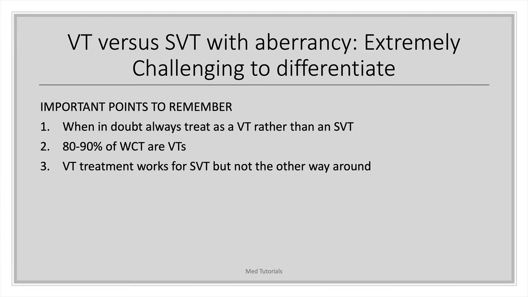So this is another important point. You treat an SVT as VT, you will get a beneficial effect, but the other way around might actually worsen the condition. That's why we need to avoid intravenous verapamil or diltiazem, which we use in SVT, because this can actually lead to cardiovascular collapse when you're dealing with ventricular tachycardia.